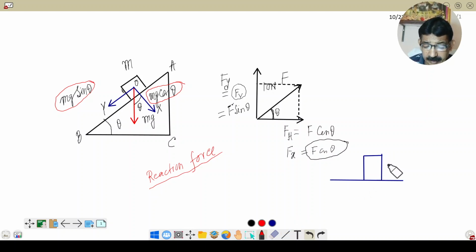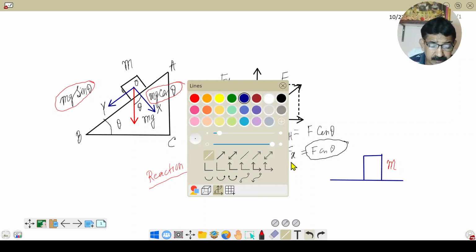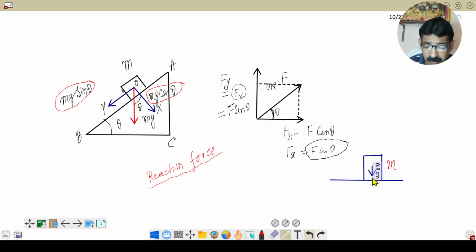So the mass of the body is equal to m, and we know the weight of the body is always vertically downwards. This is equal to mg. Okay, very simple. We can say this is mg.